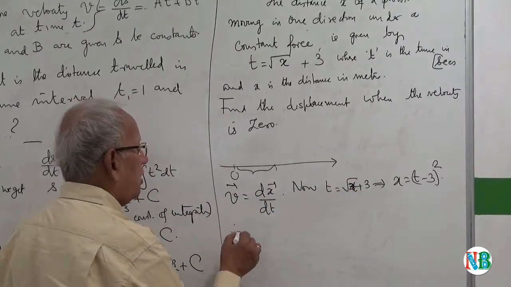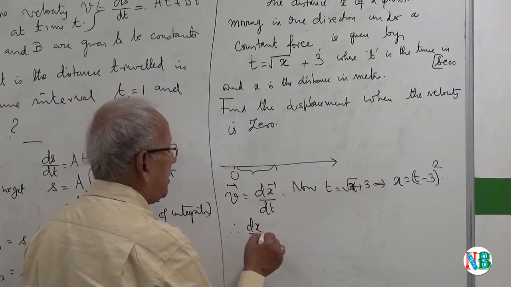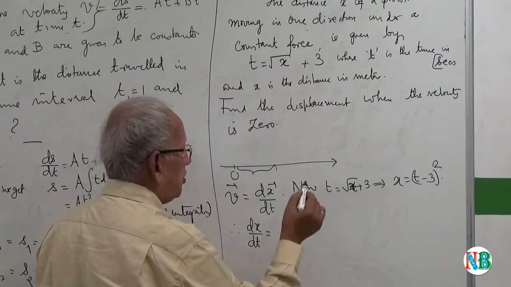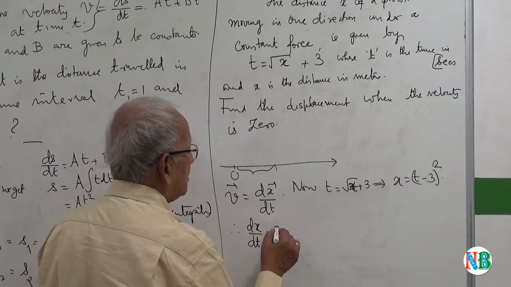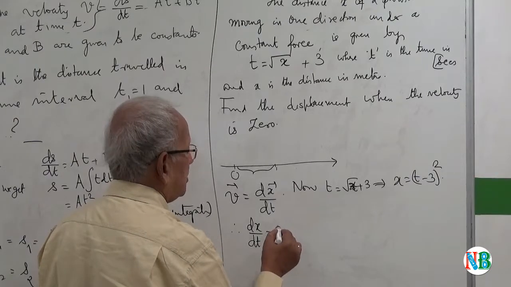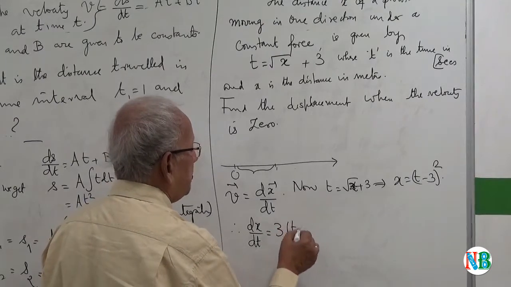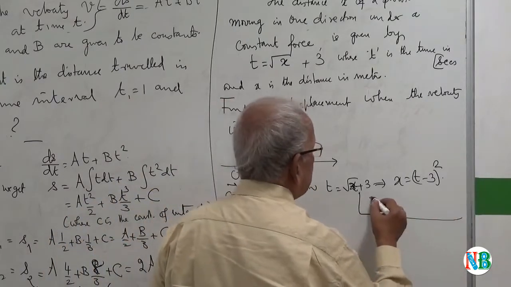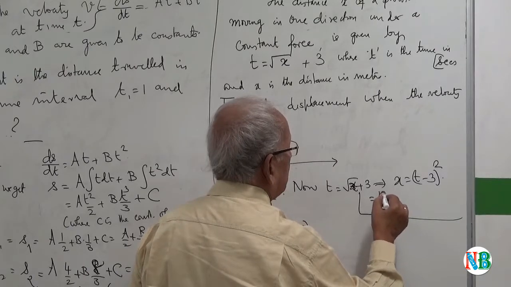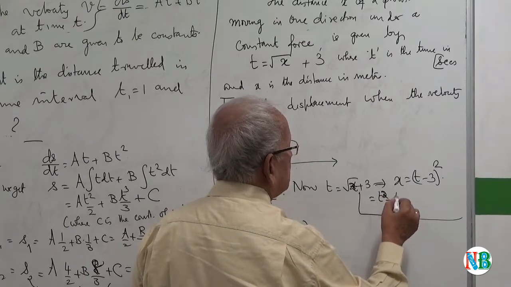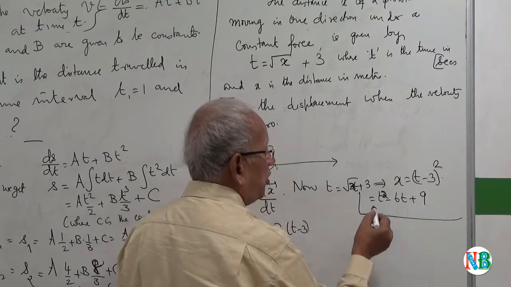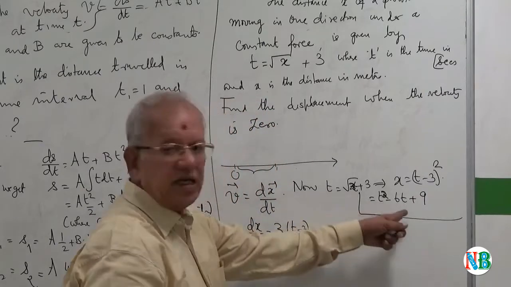And therefore, what is dx by dt? Do you know how to differentiate this? You can straight away write 2 times t minus 3, or if you want, you can look at this as t square minus 6t plus 9. When you differentiate, what do you get? 2t minus 6, isn't it?